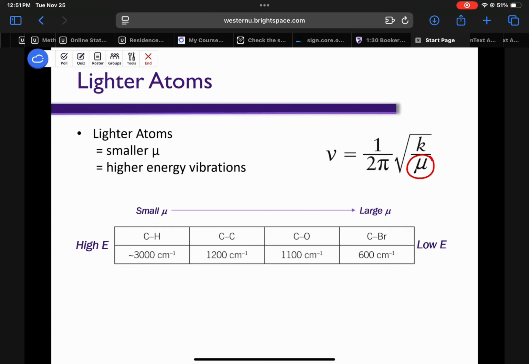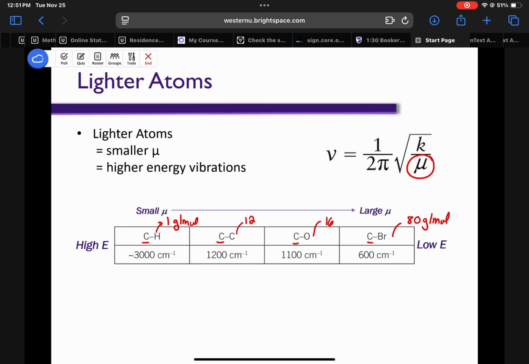So for example, here we have carbon bonded to different atoms. Hydrogen has a molar mass of about 1 gram per mole, carbon around 12, oxygen around 16, bromine around 80 grams per mole.